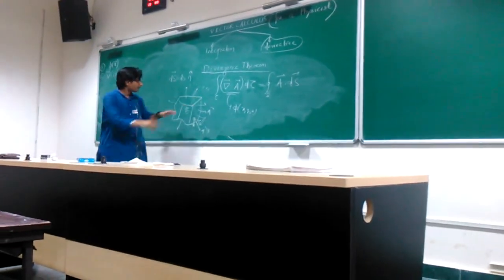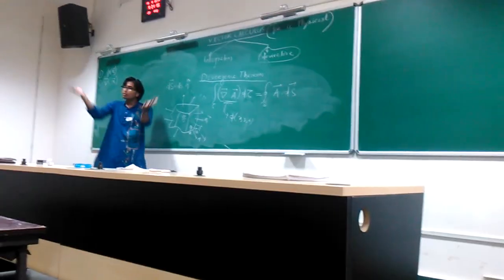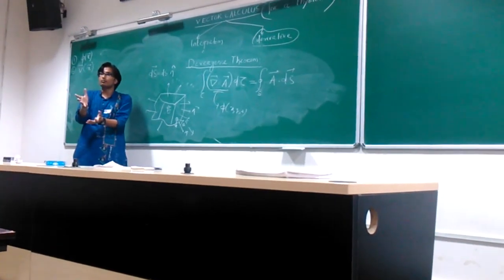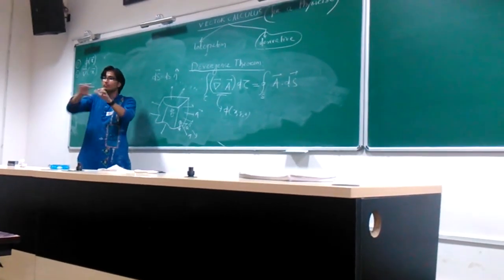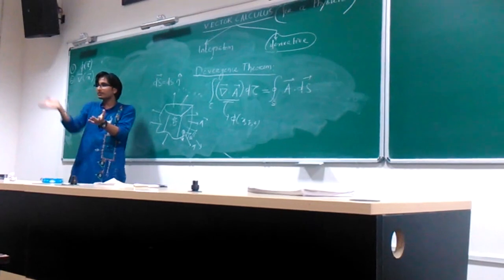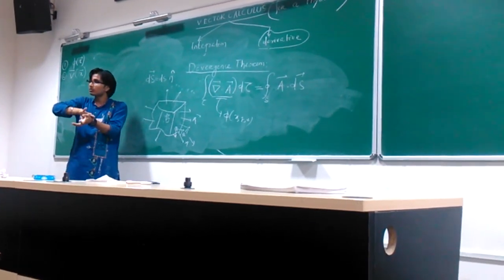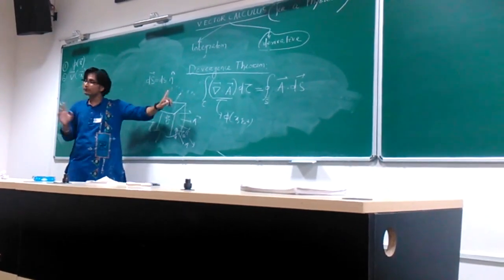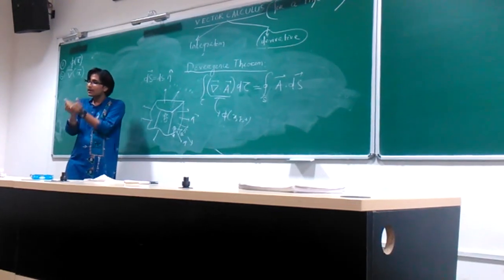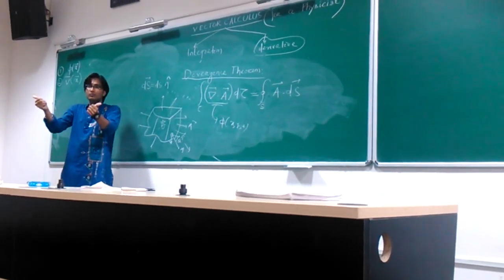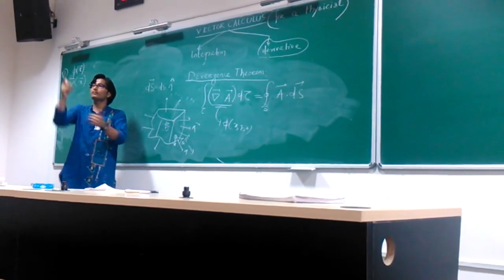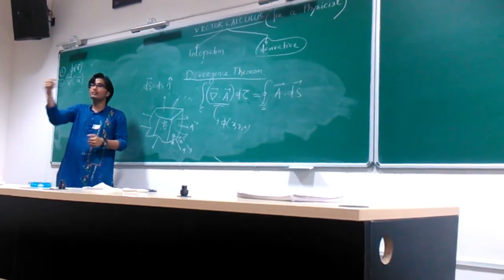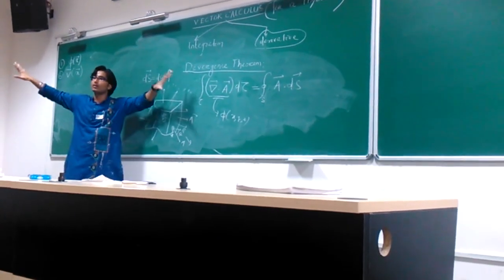Because if I have a volume, then the surface is a closed surface, right? Otherwise I can't define a volume. If I take any volume, any cell, the whole surface is closed. So you understand now physically what it means? If anything is flowing from inside the volume, then it must come out perpendicularly from the surface. If it is parallel to the surface, it's not flowing out.